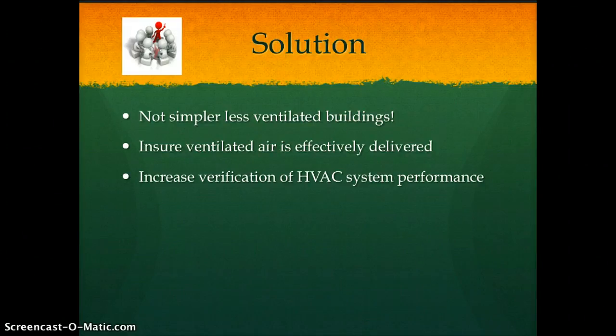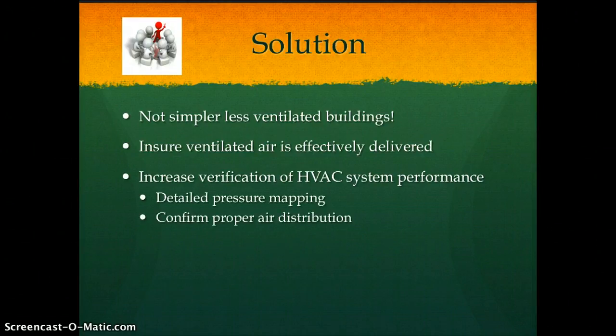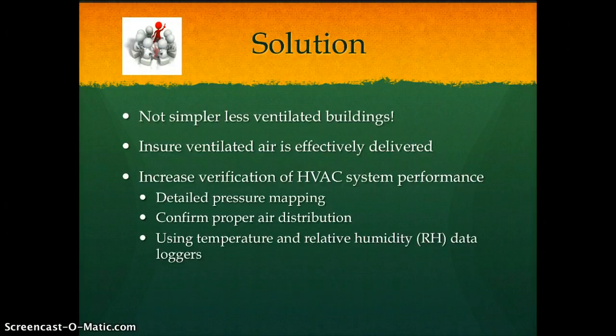This post-construction verification includes detailed pressure mapping of the building to confirm proper air distribution and using temperature and relative humidity data loggers to confirm conditions during the first year's operation.